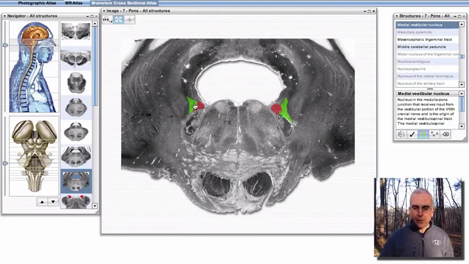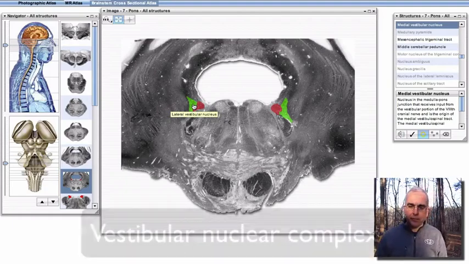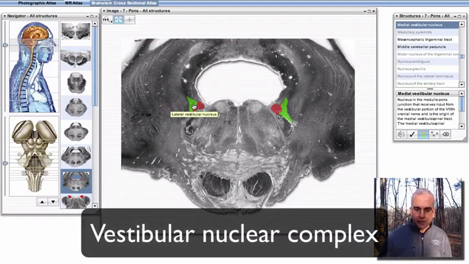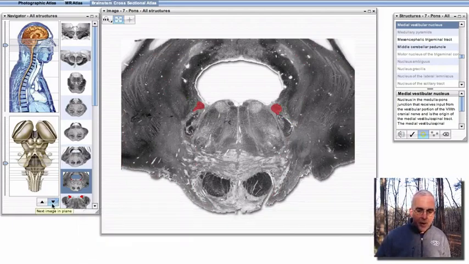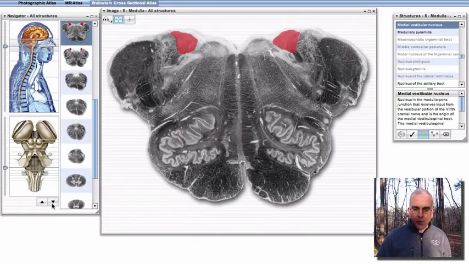Because there are multiple nuclei here receiving incoming vestibular signals, we call this the vestibular nuclear complex. All right, let's move now out of the pons and into the upper part of the medulla. Here, again, we expect to find vestibular nuclei. We have yet an additional vestibular nucleus here, part of that nuclear complex.